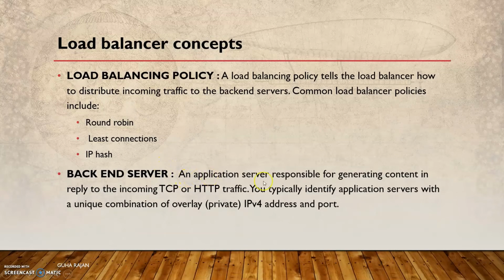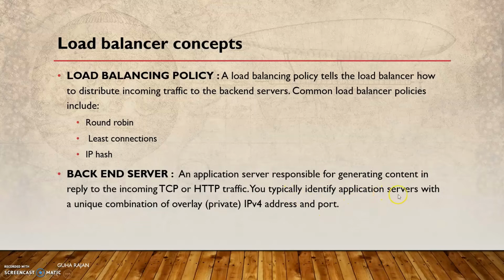Backend server: an application server, or in that case a web server, responsible for generating content. When the browser has the IP address, it has to provide the necessary content. So that is called the backend server. In other terms, the application server is responsible for generating content in reply to the incoming HTTP, TCP or HTTPS requests.